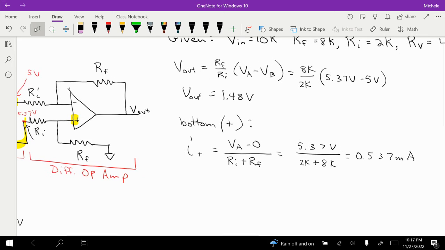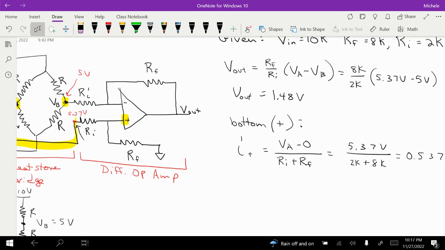And now that I have the current, I can calculate the voltage right here if I find the voltage drop across here. I can just use my I plus times RF, and that'll give me the voltage at that spot, at V plus.